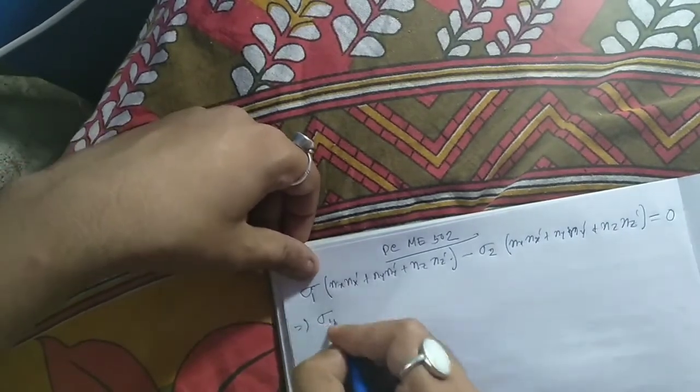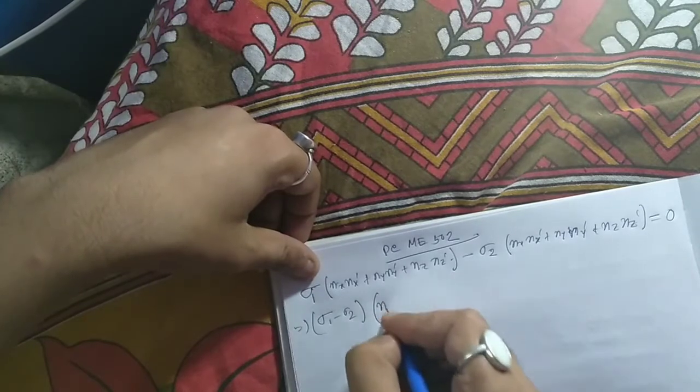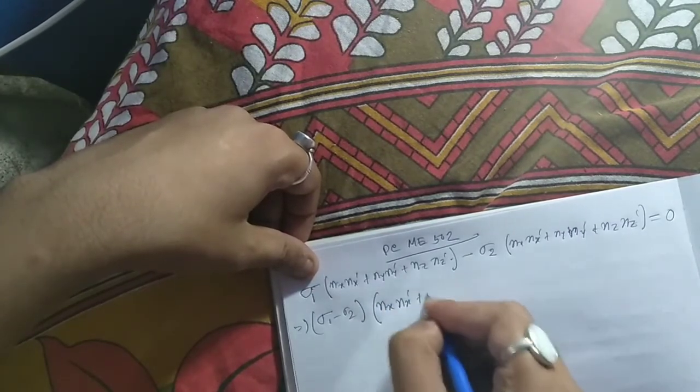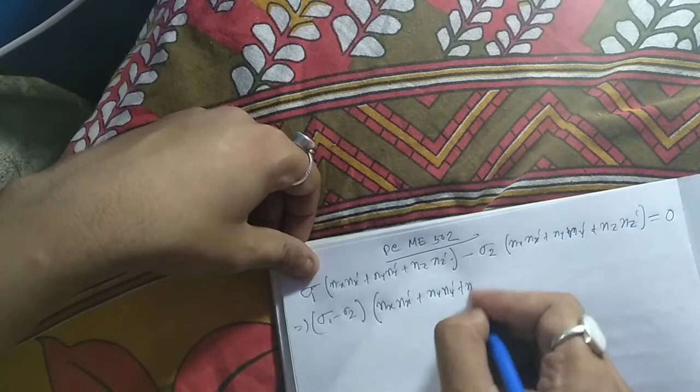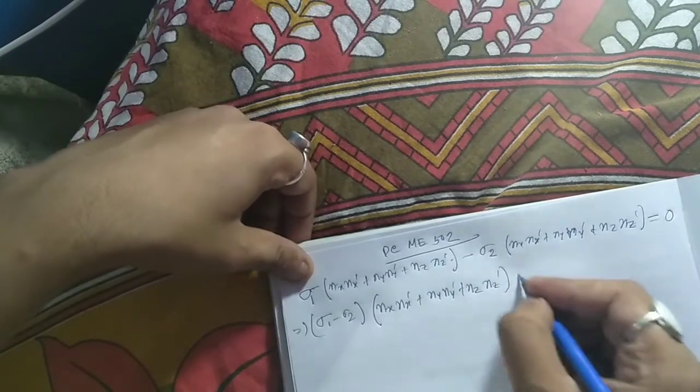So sigma 1 minus sigma 2, we take common (nx' + ny' + nz'), is equal to 0.